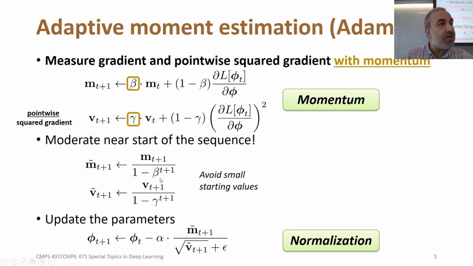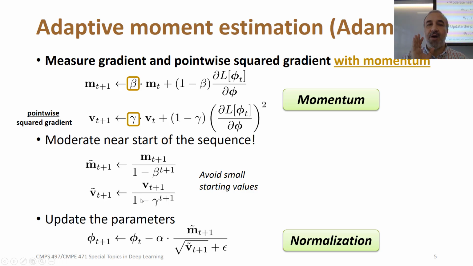So this part will get smaller and smaller, which means that the denominator will be close to, no, it's 1 minus 0. So it will be close to 1. So it's like, after some time, we are not increasing anything. So in the beginning, we will multiply by a big number, and then that number will fall to be just 1. So this is just a trick to avoid small starting values, and we do that also with the squared gradients.